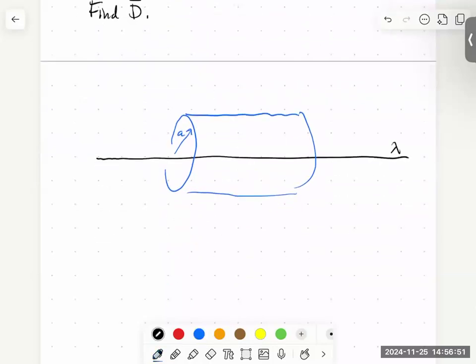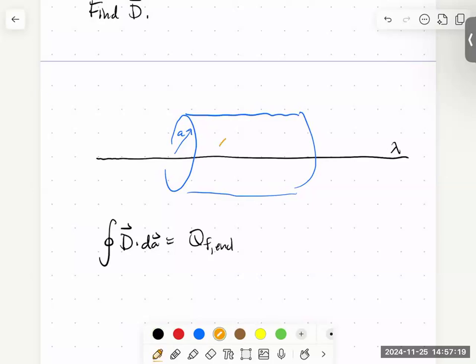So we're going to start with this revised version of Gauss's law. And the nice thing about this is that we don't have to calculate the bound charge if we don't want to, because this Gauss's law depends only on the free charge, which is associated with the charge per unit length lambda of this charged wire.